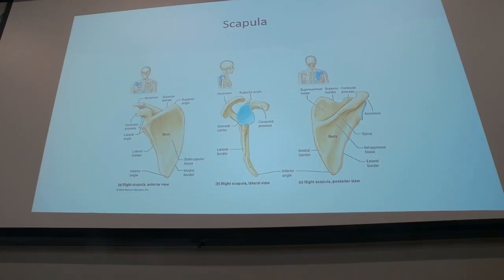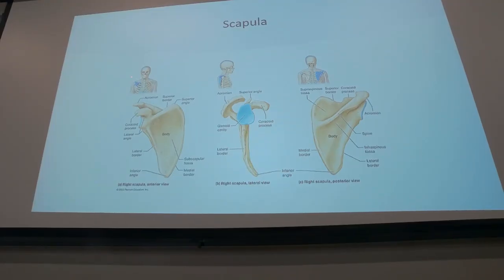Now for the scapula, it has almost a triangular shape, and it has a superior border, which is this part that is located superiorly above. It has this medial border that is a little bit convex, and it has a lateral border that is almost straight.